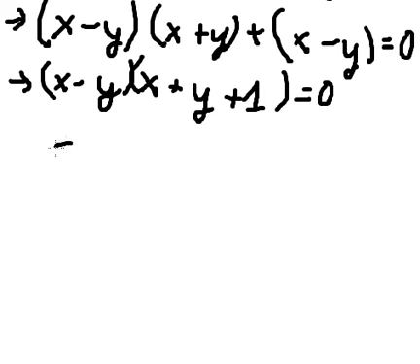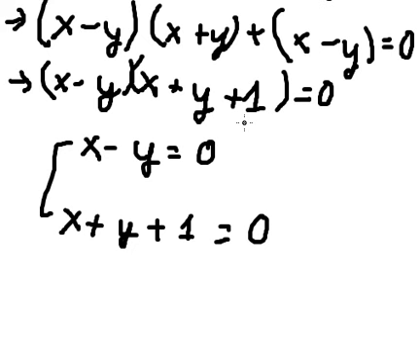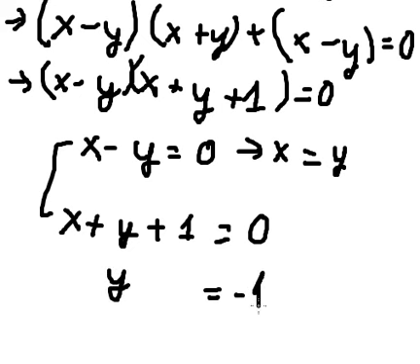So we have x minus y equals 0 and x plus y plus 1 equals 0. So this one I will have x equals y. And this one I will have y equals negative 1 minus x.